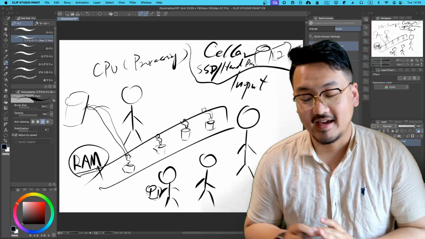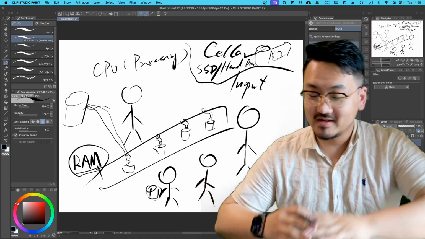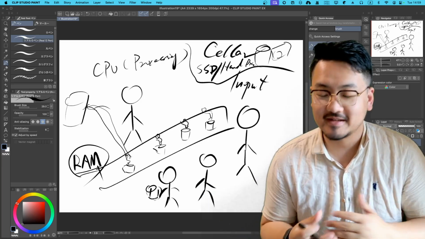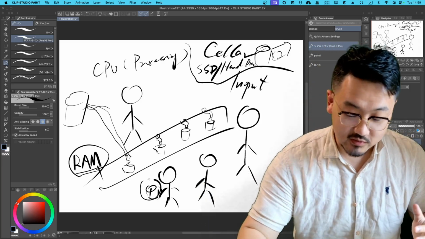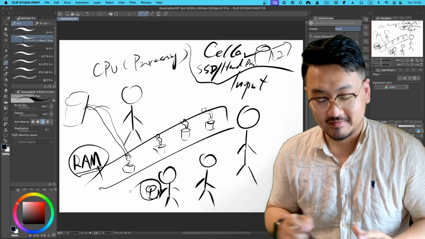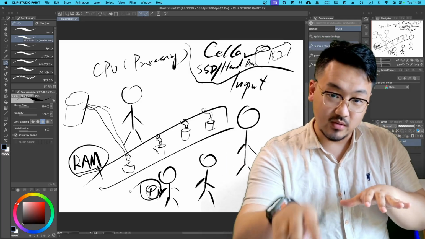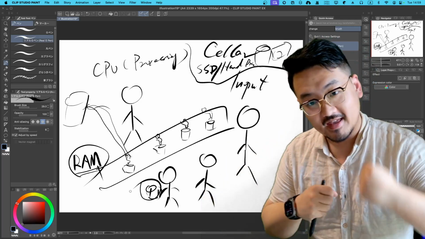Still physical output, like monitor output, like audio output. That's the final product of this pub, the beer that you got. So basically, you input, you order, and then you finally get your beer.